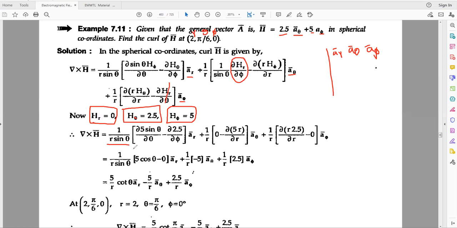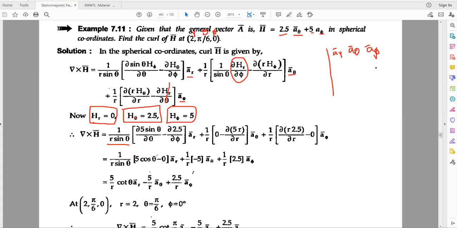And 1 by r sine theta, with respect to theta, the derivative of sine theta is cos theta, so 5 cos theta, minus, there is no phi term, so that term is 0. Similarly, 1 by r into the 0 term, the second term is r dou by dou r of 5, which gives 5, and the 2.5 term, also with respect to r.